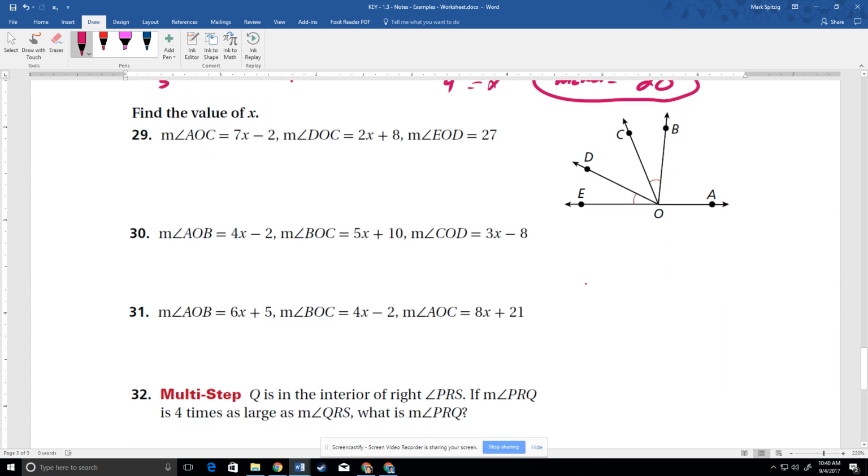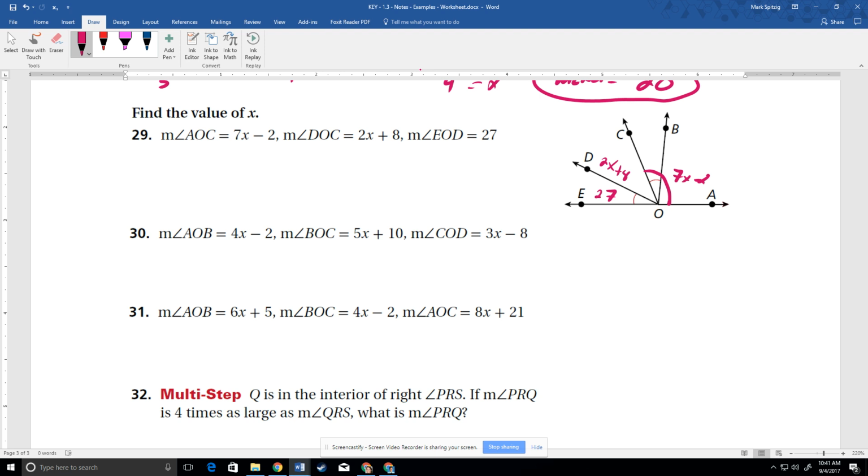Okay, so let's look at the next one. All right, we're all looking at this diagram for this one. So the measure of AOC is 7x minus 2. So I'll label that DOC. DOC is 2x plus 8. EOD is 27.